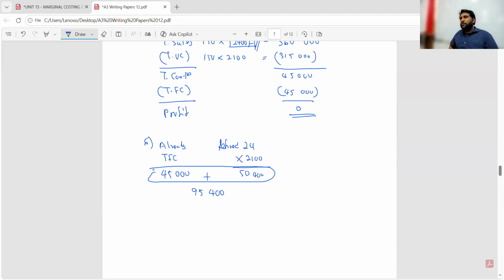Okay, macha. Now, how to find this 95,400? Somehow now you need money, 95,400. Not available. 45,000 is the whole decoration. Other charges.